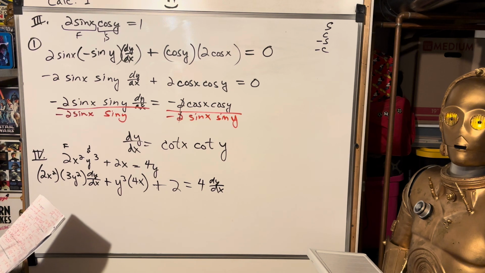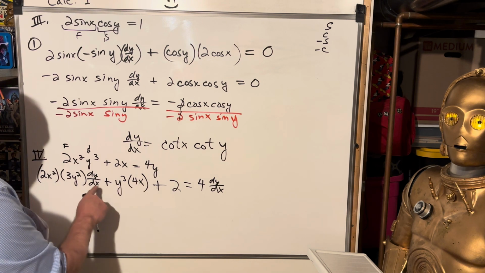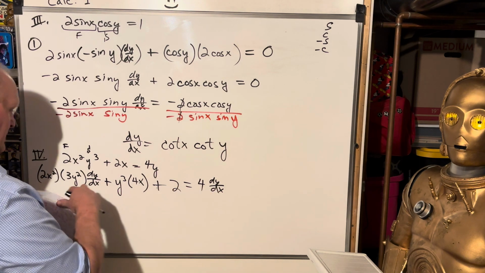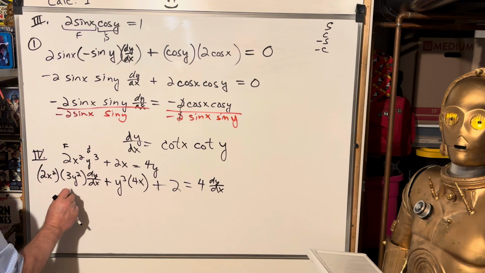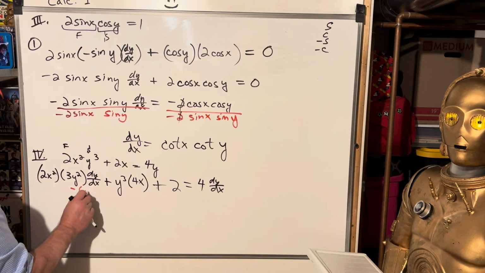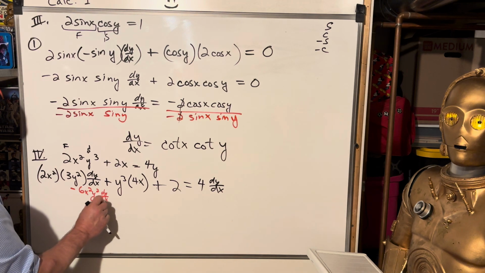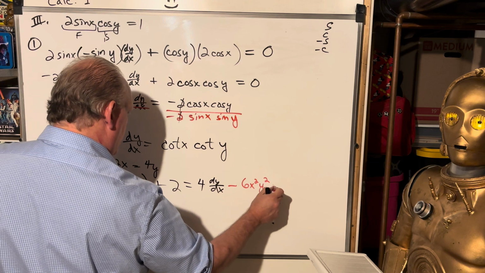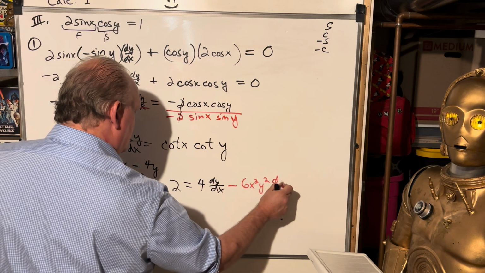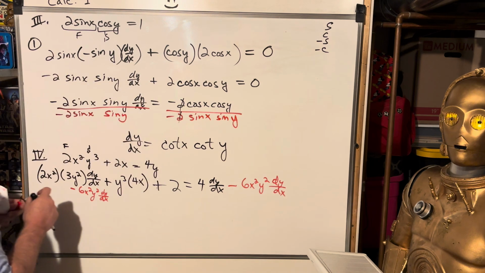So now we want to get our little ducks in a row. So what does that mean? I want to isolate the dy dx's. So we'll move this over to that side. That multiplies out, so I'm going to subtract 6x squared y squared dy dx. All right, so that's gone.